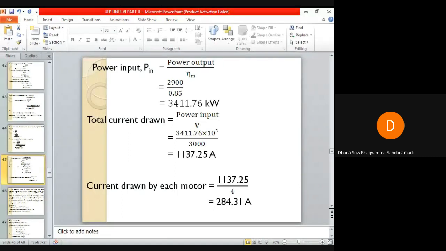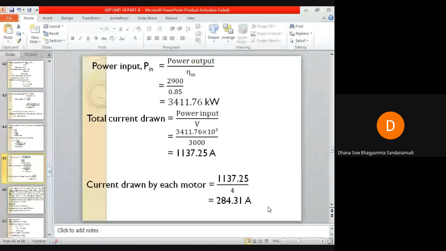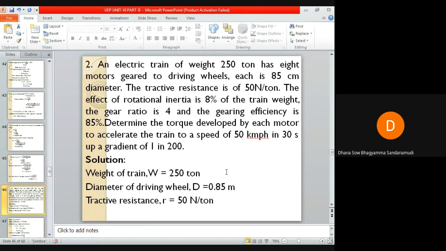Okay. Now let us solve one more problem. An electric train of weight 250 tons has 8 motors geared to driving wheels. Each is 85 centimeter diameter. In the previous problem, radius of the wheel was given. In this problem, diameter of the wheel is given.